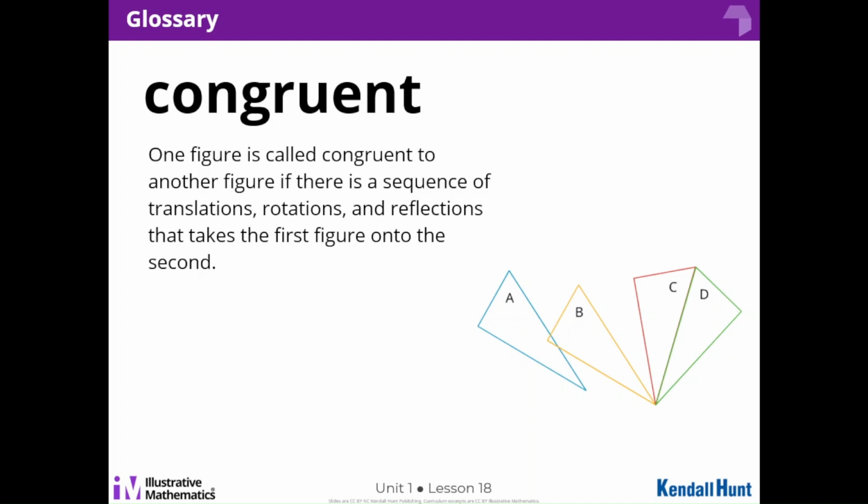So what you end up with is a shape that still has the same side lengths and still has the same angles, because you didn't make it any bigger or smaller and you didn't change the shape. You just moved it using those 3 rigid transformations.